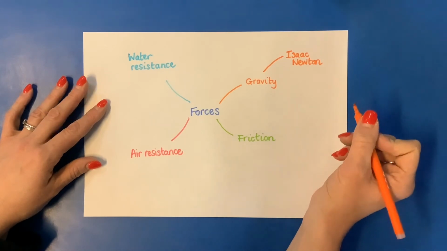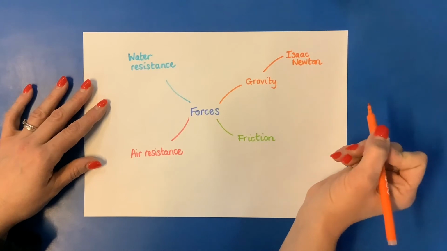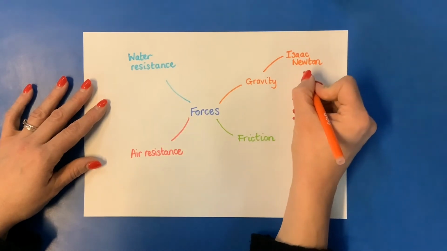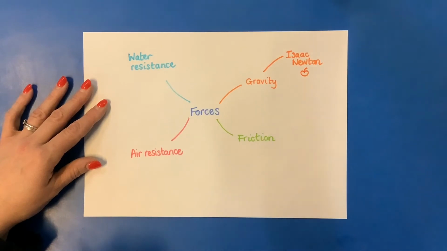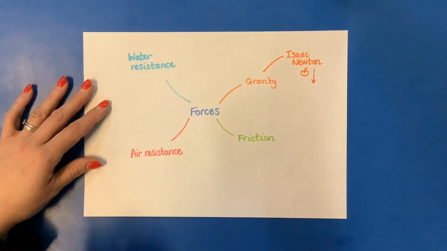And it talks a little bit about who Isaac Newton is, but that's going to be our lesson for next week. And Isaac Newton, I'm going to draw an apple. He's the famous guy who had an apple dropped on his head. And I wonder if you can think about what that taught him.